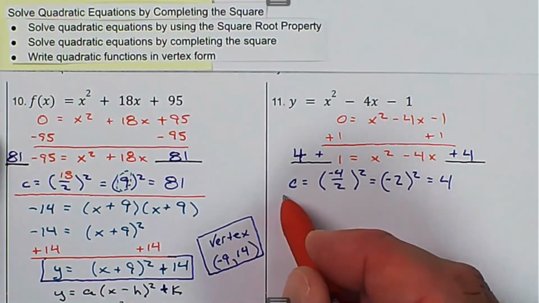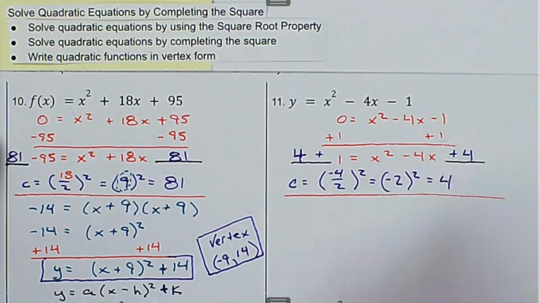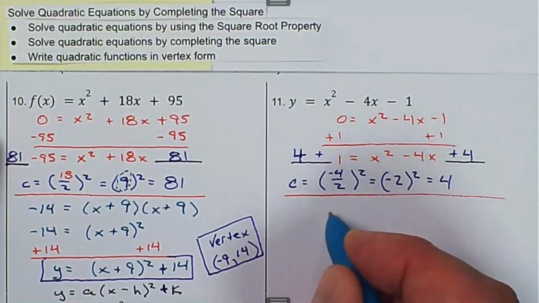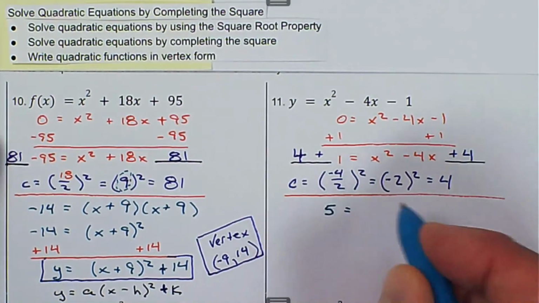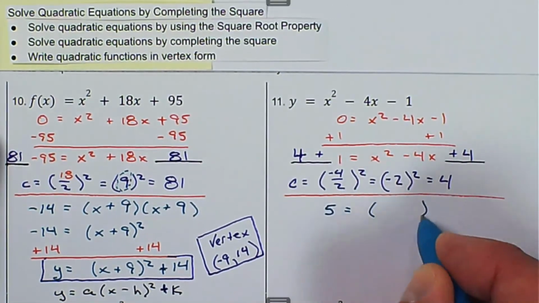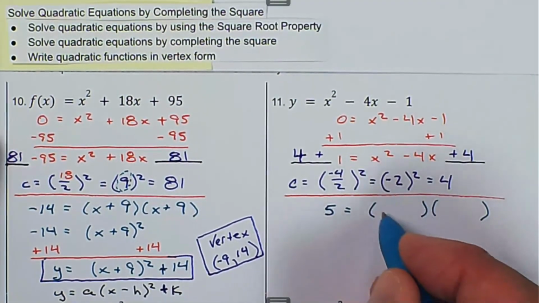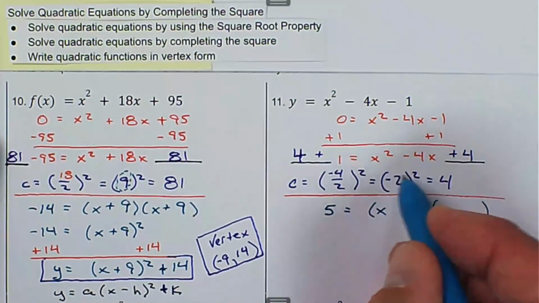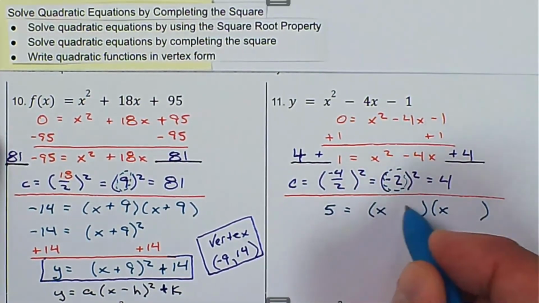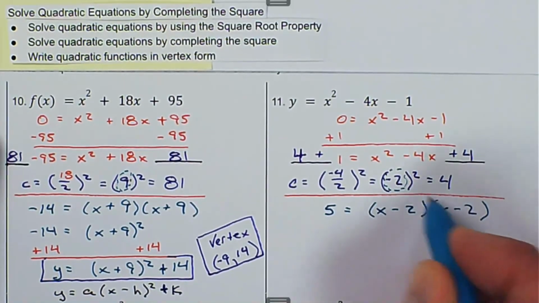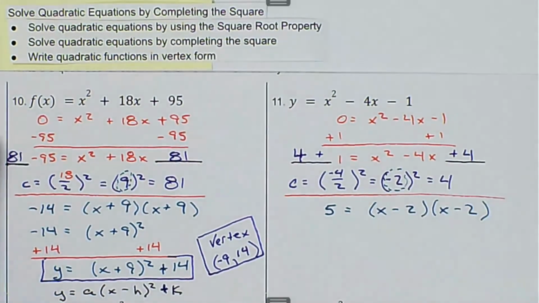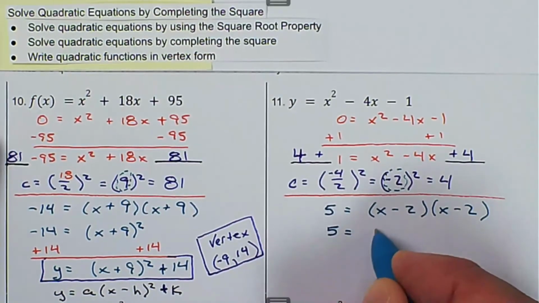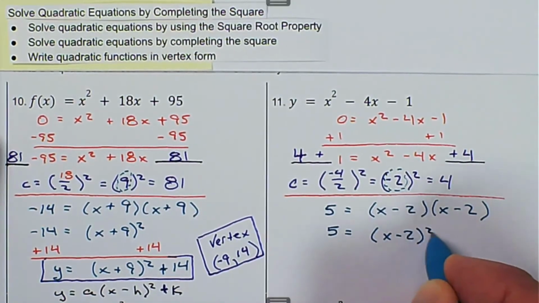Now we can rewrite our equation. 4 plus 1 is 5. x times x is x squared, and then our -2 value is the value that we're going to square. That's the value that goes into our perfect square binomial. Now we can rewrite it as 5 is equal to our perfect square binomial.